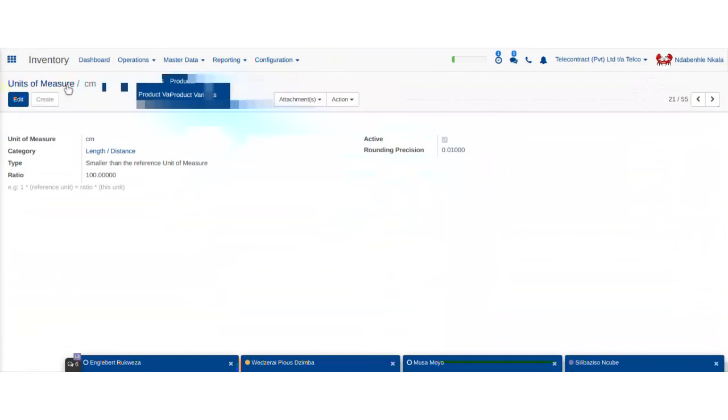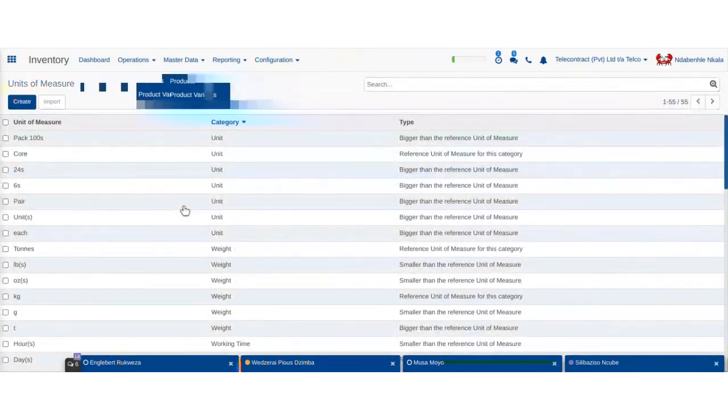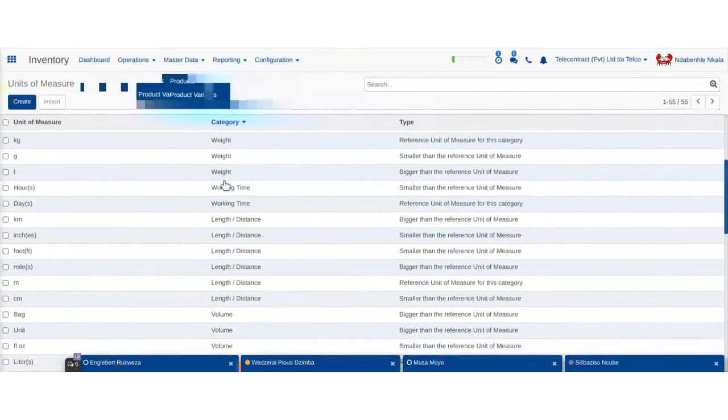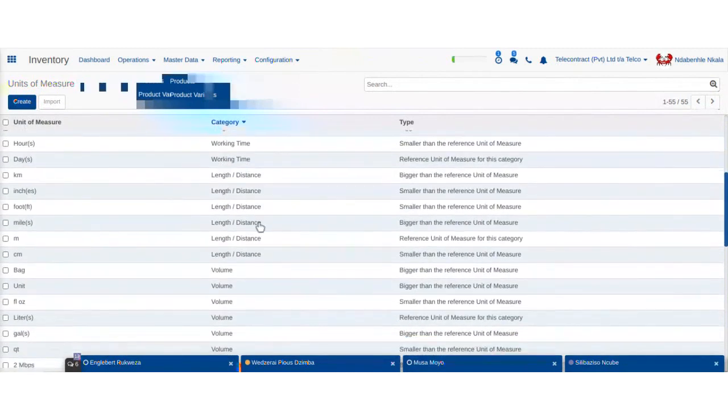Let's look at one which is bigger. Here we've got kilometers. We say the base is meters. Kilometers is bigger than the unit reference. How do we calculate that?